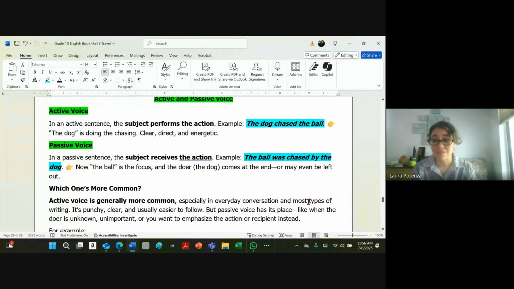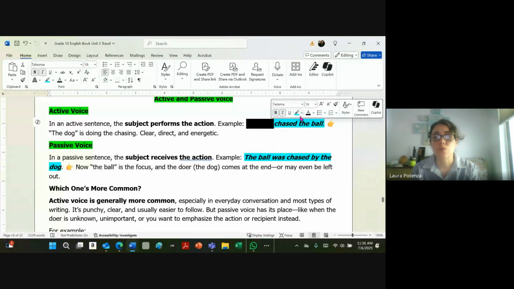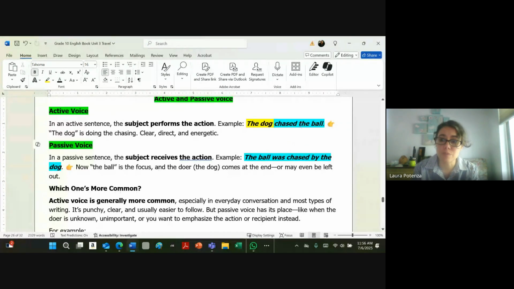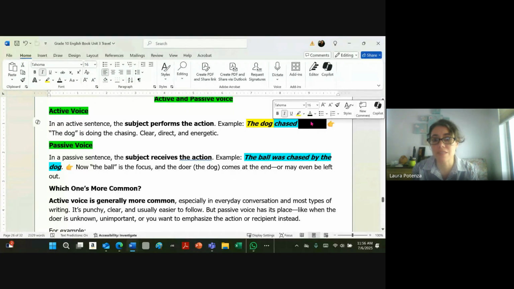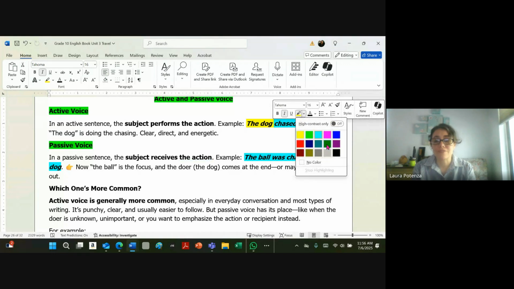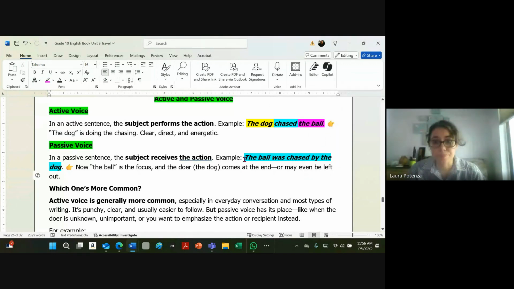You can change the same sentence into the passive voice, and now the subject is receiving the action: the ball was chased by the dog. Now the ball is the focus of the sentence, and the doer, the dog, comes at the end, or may even be left out completely.